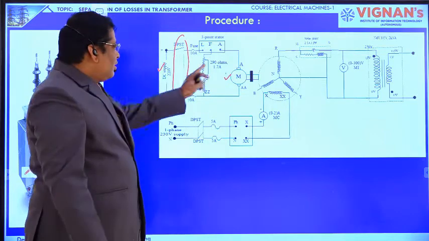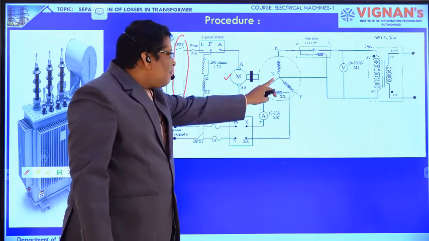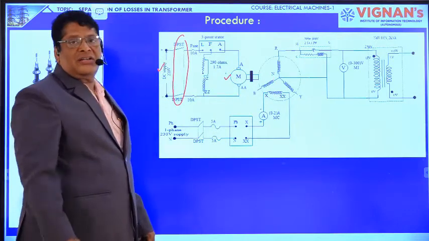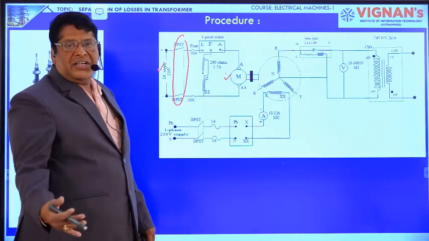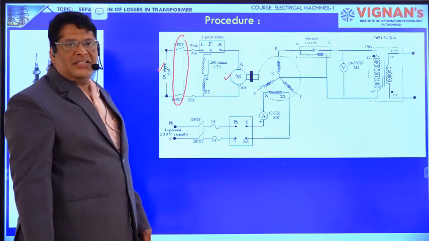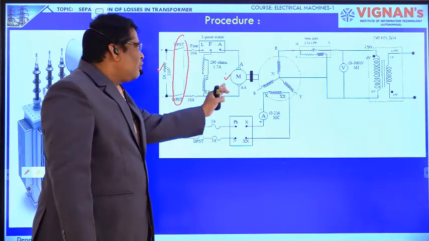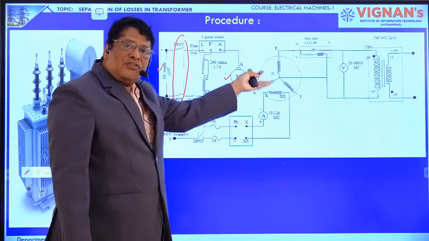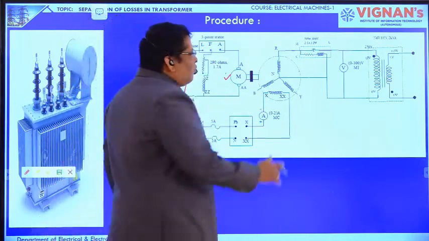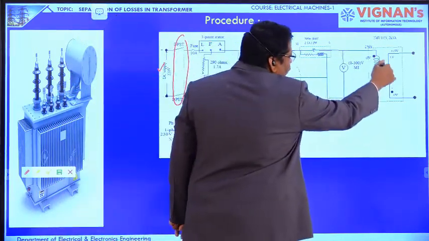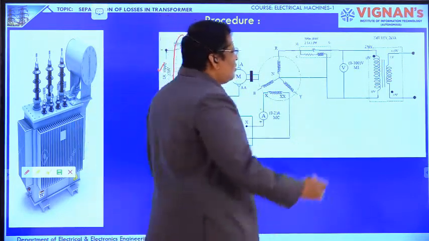The prime mover, the armature of the DC motor, is coupled to the armature of an alternator. Alternator is nothing but an AC generator. See here, both are coupled. So whenever the motor is rotating, the armature of the alternator also will be rotating. The voltage will be induced in the alternator. That voltage will be given to one winding of a transformer. This is the transformer.